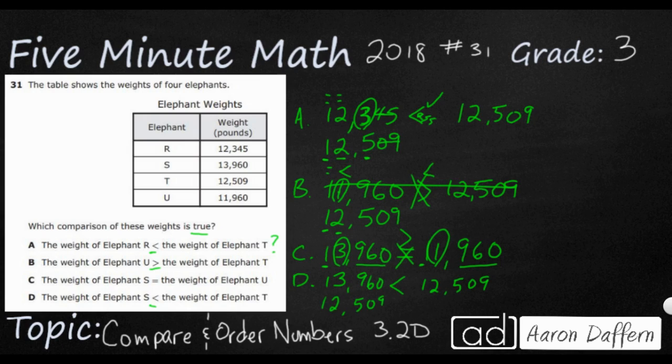Looks like our 10,000s looks good, and our problem is here at the thousands place. This 3 is larger, so that is the incorrect symbol. It should have been this greater than. Once you see that this 3 is larger, you don't need to really look at anything else. That means D is incorrect. C is also incorrect. So the very first answer is going to be the correct answer, and that is A.